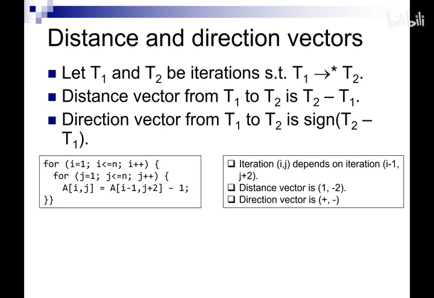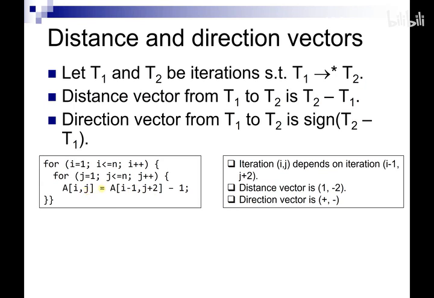Iteration (i, j) is going to depend on iteration (i-1, j+2). So there's a dependence from this iteration to that iteration.